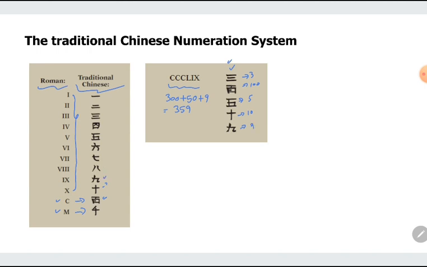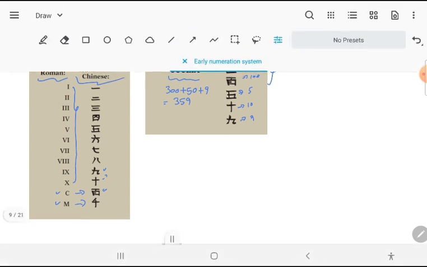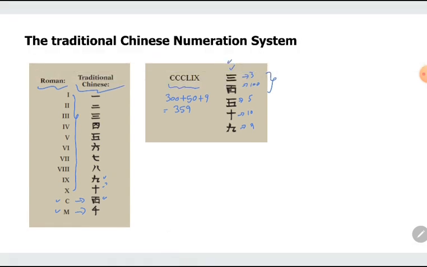So what they're doing is a multiplicative process. First, you write the smaller number, and then you follow that with a larger one. That would mean you need to multiply those two numerals. So this is a symbol for 3, and this one is for the 100, so that's 3 times 100.